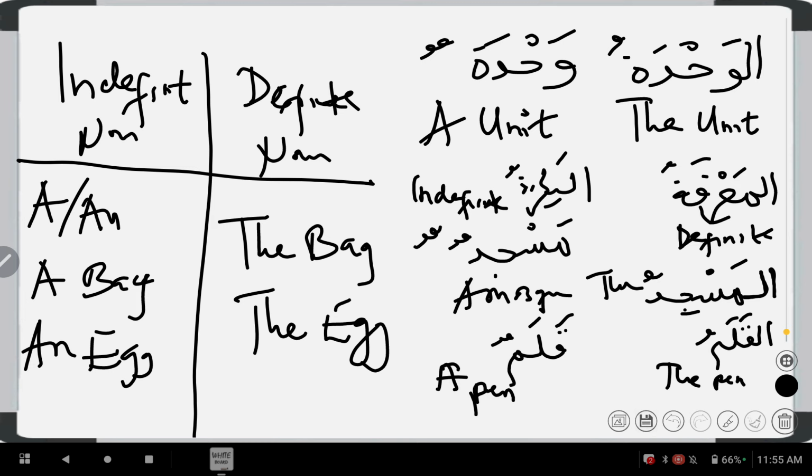And if it has tanween, it will never start with alif and lam. So they are like two parallel lines that will never cross each other. Either a word starts with alif and lam and does not end with tanween, or a word ends with tanween and does not have alif and lam. That is how we differentiate between a definite and an indefinite noun.